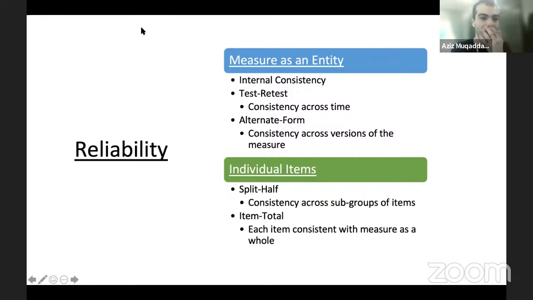And then individual items. So for instance, if we're measuring, let's say we have a scale for extroversion, because that's something that's used a lot. The items should also closely match. Let's say the scale says I'm talkative, I'm outgoing, I feel comfortable around others, and I like approaching people.